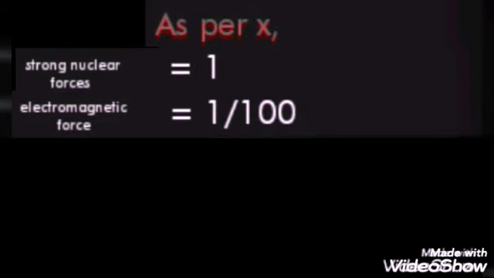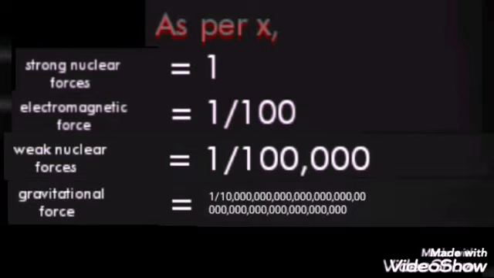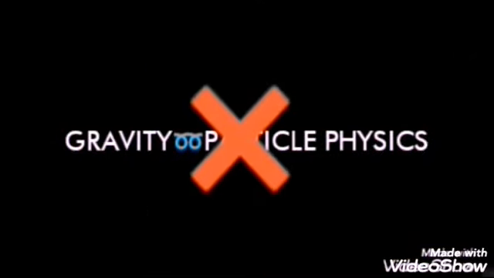And the weak nuclear force will be approximately 1/100,000th of that of the strong nuclear force. Whereas the gravitational force will approximate to 1 upon 1 followed by 40 zeros. This is the reason we cannot study gravity so well using particle accelerators at the moment.